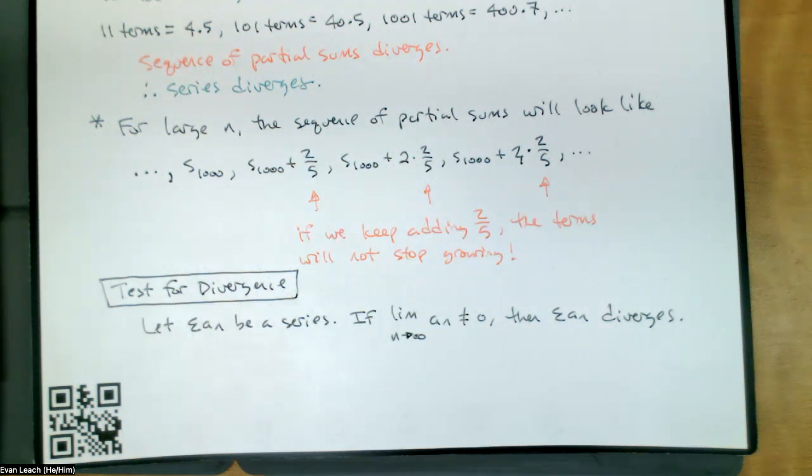If the limit of the terms of a series is not 0, then the series diverges. This is our first stop in identifying whether a series converges or diverges. We check to see if the terms go to 0. If the terms go to 0, the series diverges, and we're done. I'm sorry, if the terms do not go to 0, then the series diverges, and we're done.